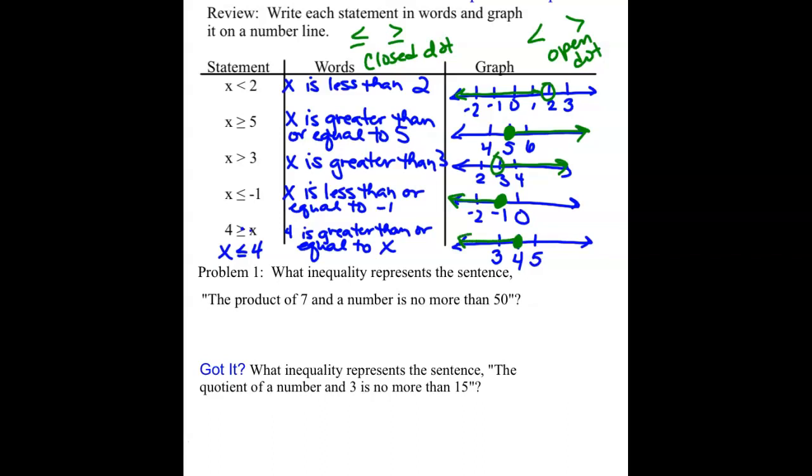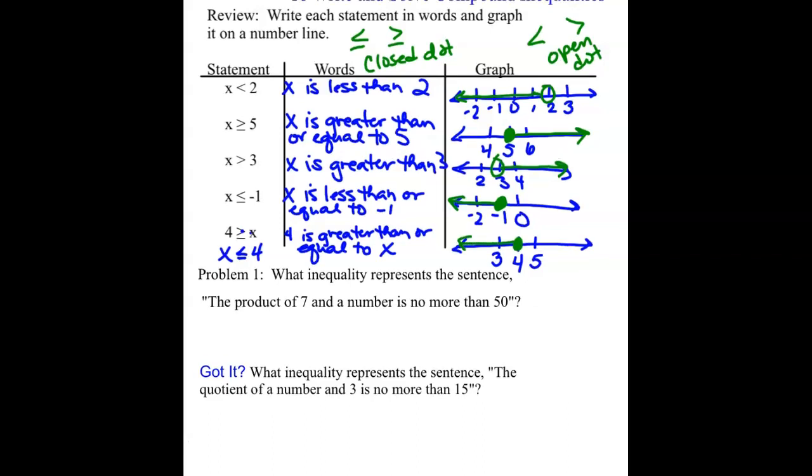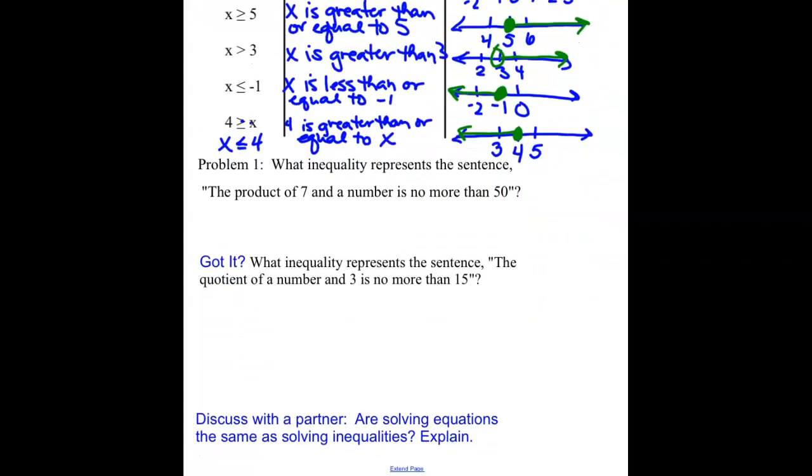All right, so some terms that you're going to see. We've talked about less than, greater than, less than or equal to, greater than or equal to. But some other terms that you might see, at least. If we're talking about something being at least, we're thinking it's greater or more. It's that number or more.